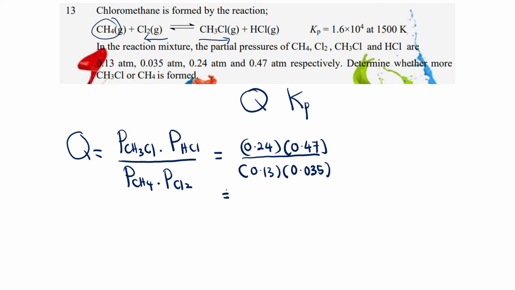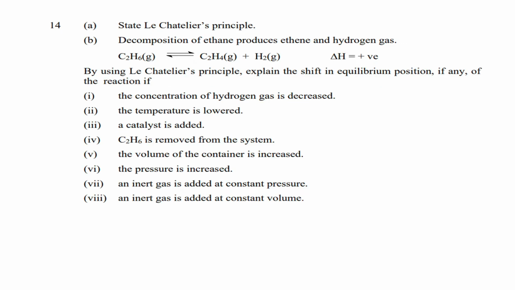Jadi kita akan dapat Q is equal to 24.79. So Kp, okay, the value of Kp is 1.6 exponent 4. Jadi siapa lebih besar? Okay, Kp is greater than Q.